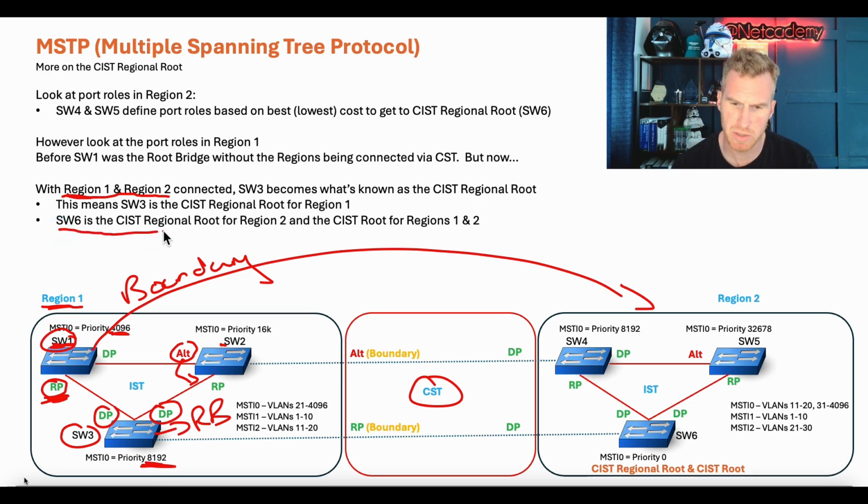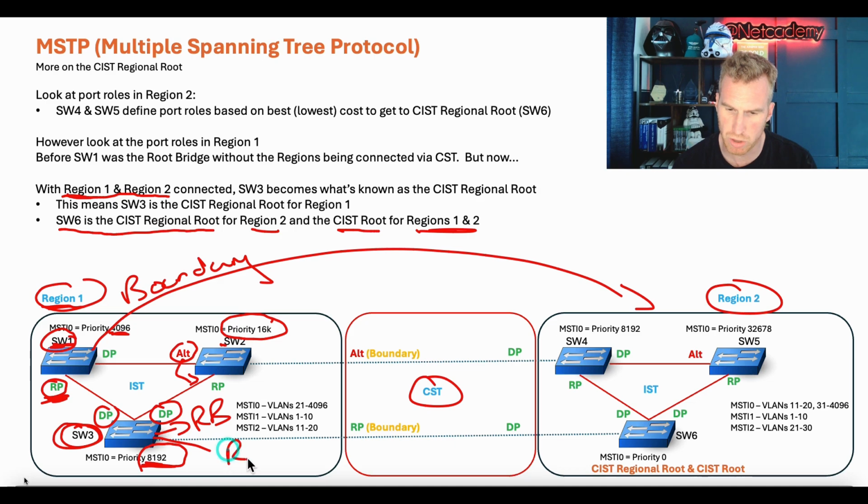Yes, we know that SW6 is the regional root for region 2 and the CIST root for both regions 1 and 2. But we need a switch with the best or lowest priority to get from region 1 over to region 2. And because switch 3 has a priority of 8192 versus switch 2's priority of 16,000, that is why switch 3 has become the regional root for region 1.